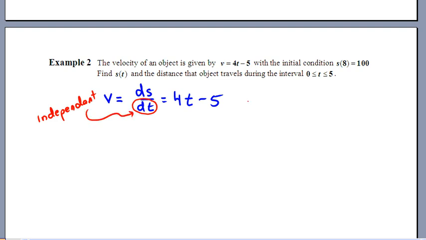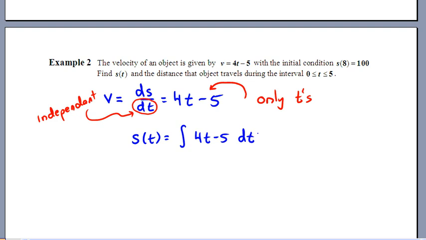As I look over on the right-hand side, I see only t's. I don't see any s's over on this right-hand side. Nothing but this 4t minus 5. That tells me that this question is not all that challenging, and I can find s at any time t by simply integrating this 4t minus 5 dt. That's all I'll have to do.